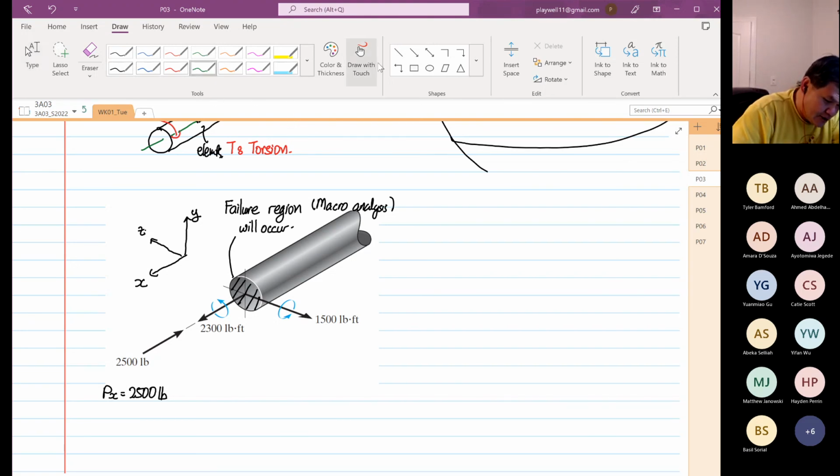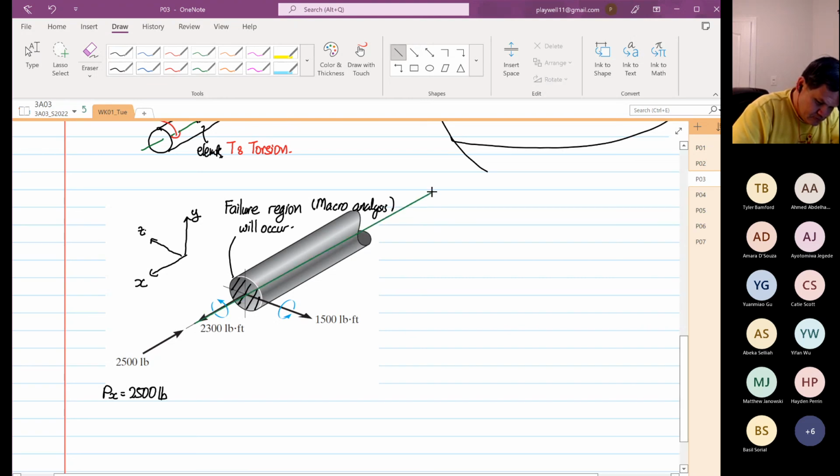So I'm going to sketch the centroid. So this is the centroid. The 2,500 over here, this is what we call axial loading.